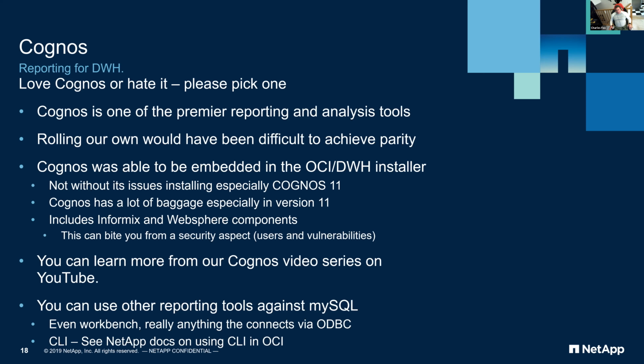We've embedded it with the OCI Data Warehouse Installer. As I alluded to earlier, Cognos brings with it a bunch of interesting pieces, especially in version 11. It installs WebSphere and a bit of Informix, and we have discovered that there are some pretty significant security issues, things like proper generation of service account names.